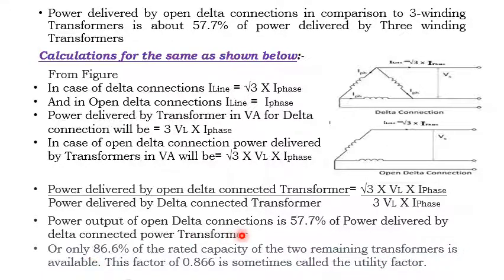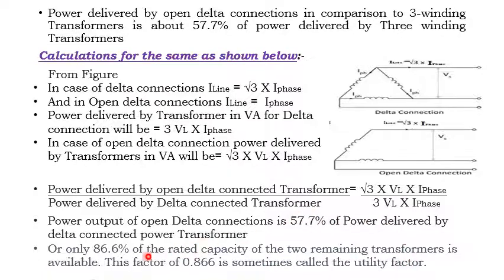Even you can say that the power delivered by the V-V connection or open delta connection is 57.7% of the power delivered by the 3-phase transformer. Or you can say this statement is equal to only 86.6% of the rated capacity of the two remaining transformers being available, and this factor, 0.866, is sometimes called the utility factor.